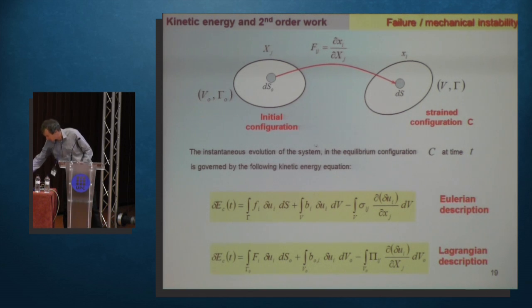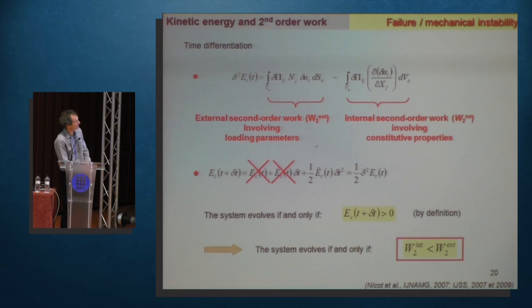This is what I have done on this slide, and I obtain a relation giving the evolution of the second derivative of the kinetic energy, and we can show that this second derivative of the kinetic energy is finally the difference between two terms, an external second order work and an internal second order work.